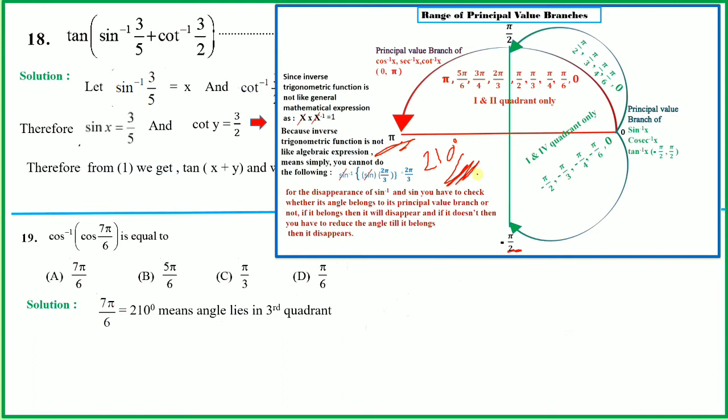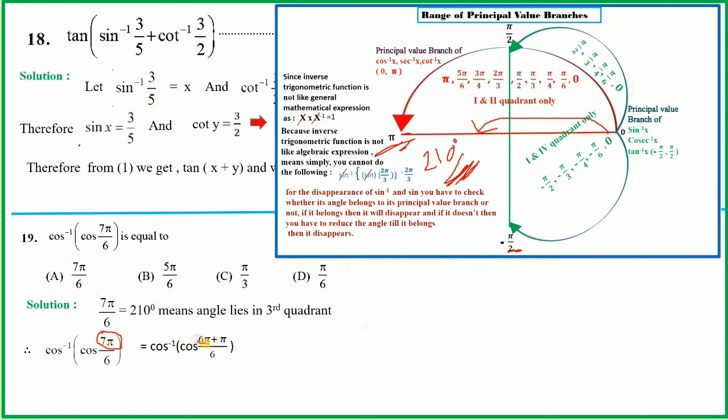So this is the third quadrant, but cos inverse's maximum reach is up to pi. From 0 to pi, cos inverse can travel into first and second quadrant only. So for that we are going to break it. I told you the maximum and the minimum, so there will be two parts of the numerator. So cos inverse cos 7 pi by 6 will be 6 pi plus pi upon 6.